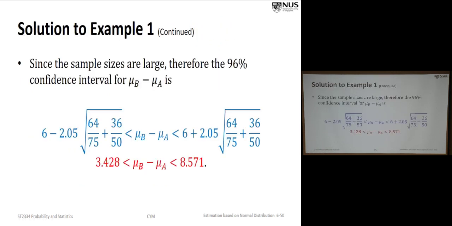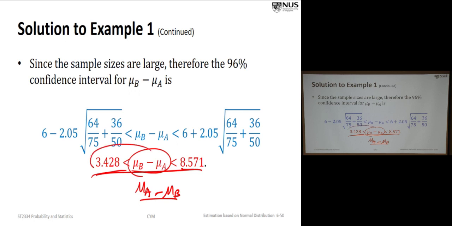So we got this as, so this is mu B minus mu A. So this is the confidence interval. But if you want to have mu A minus mu B, what is the confidence interval? How to get from here to here? I just multiply by minus 1 now. So I multiply minus 1 to this. So I got mu A minus mu B for this side.